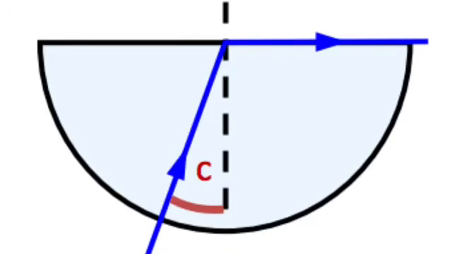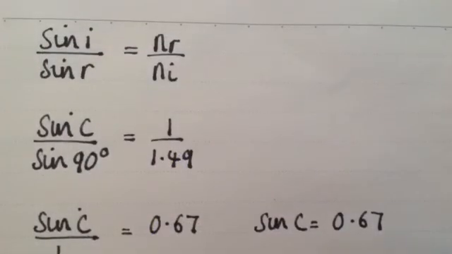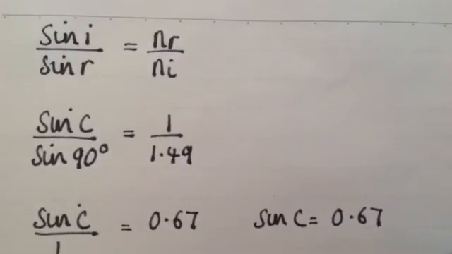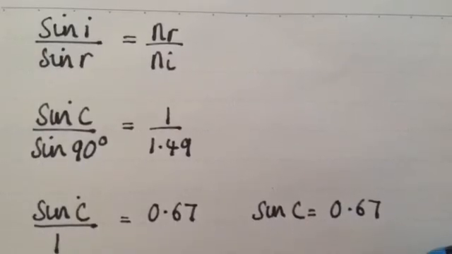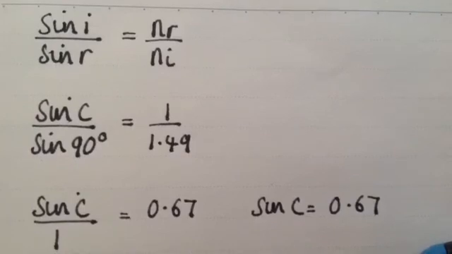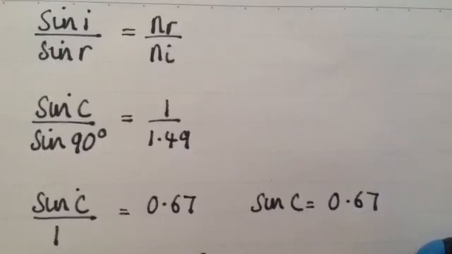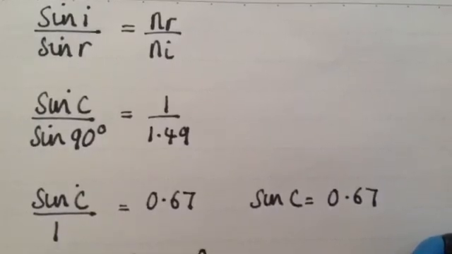So, Snell's law is handy again. We can use it to work out the critical angle for any material. For our experiment, going back to Snell's law, sin I over sin R is Nr over Ni. But now I is C, the critical angle. So sin C divided by sin of the angle of refraction, which is now 90 degrees.